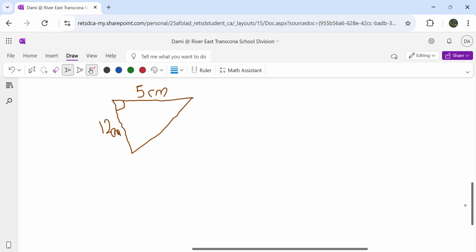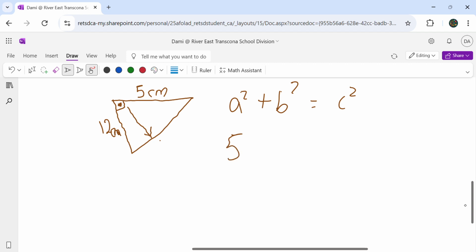What are we finding? What is the hypotenuse? What's the opposite? What's the adjacent? Well, we know the hypotenuse is the side opposite the right angle. So this is what we are looking for.